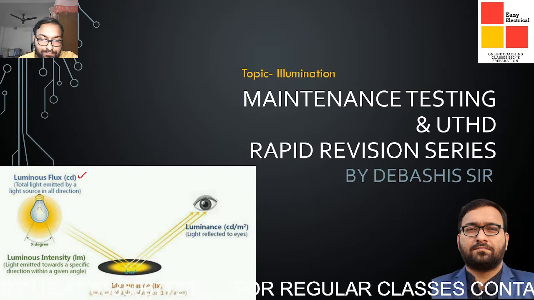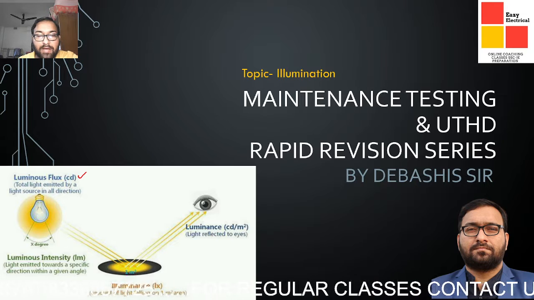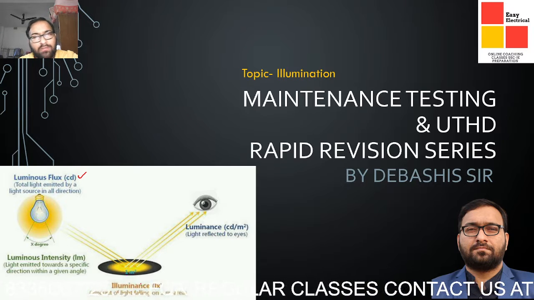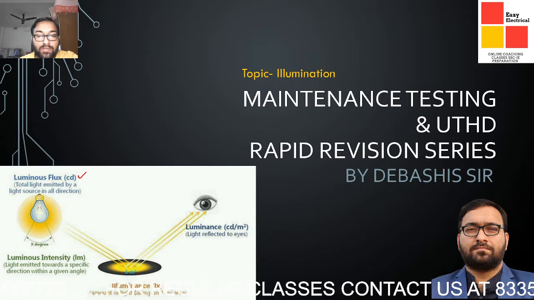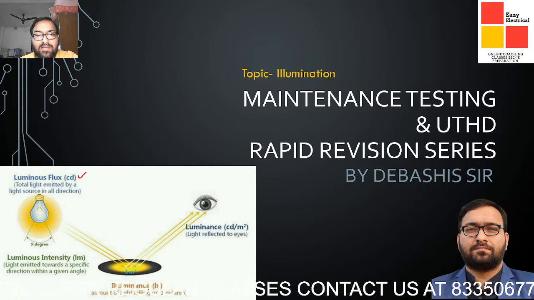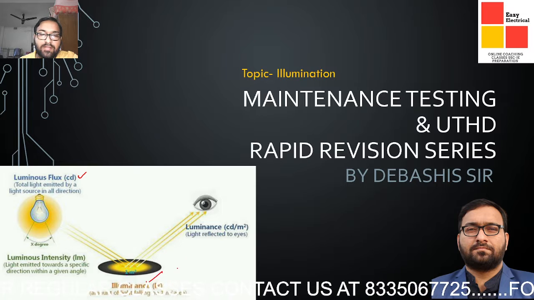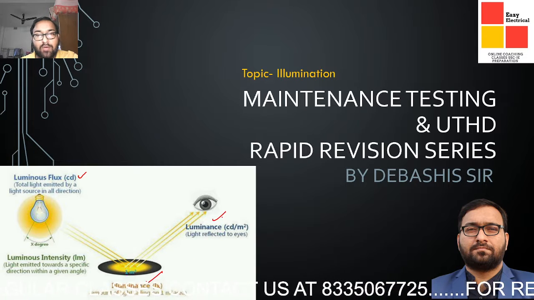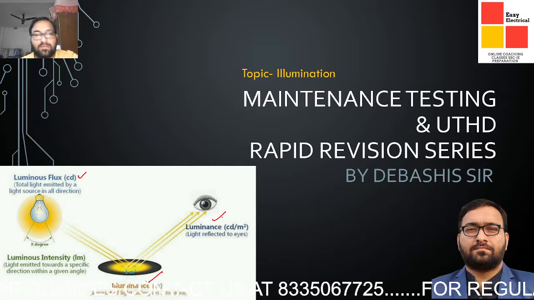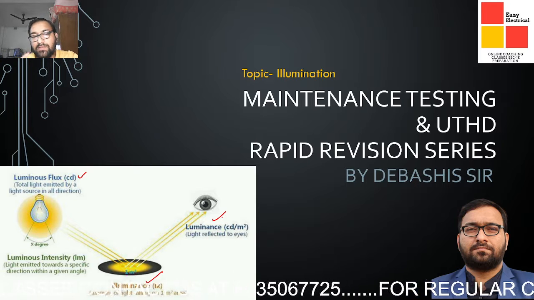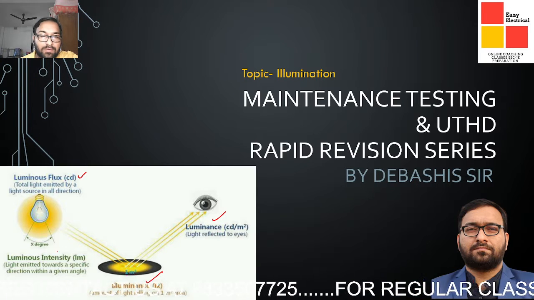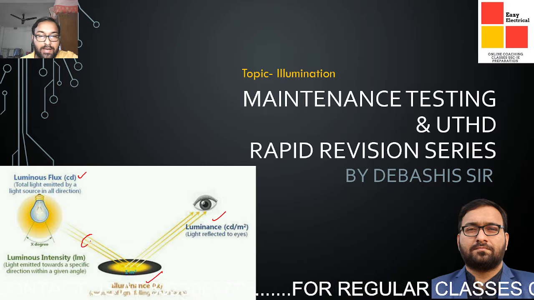And per unit area, whatever light is coming, we call it illuminance. And one more part that is very much important is the luminance, that is how much light is getting reflected from the surface. So these 4 points and these 4 figures are the fundamentals of lighting systems.